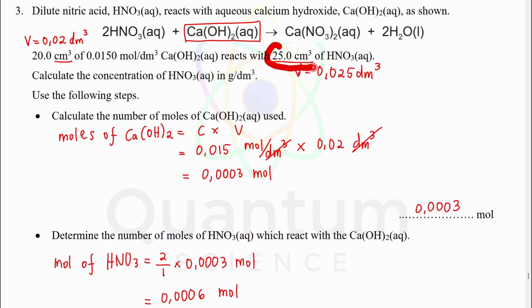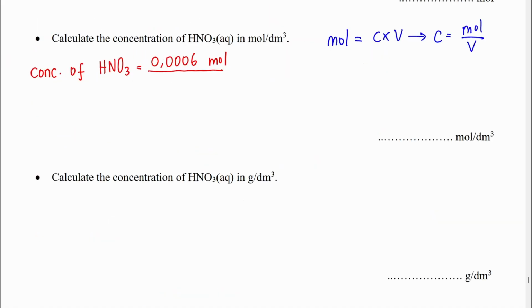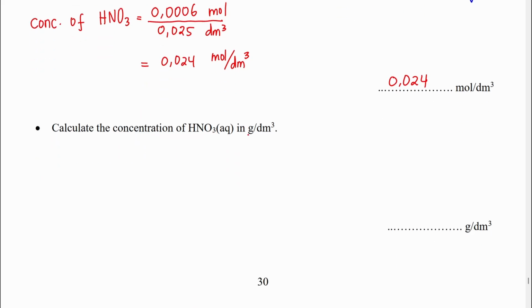So 25 cm³ of HNO3. And remember, the unit should be in dm³. So you divide by 0.025 dm³, which equals 0.024 mol/dm³. So the answer here is 0.024. Next, calculate the concentration of HNO3 in g/dm³.